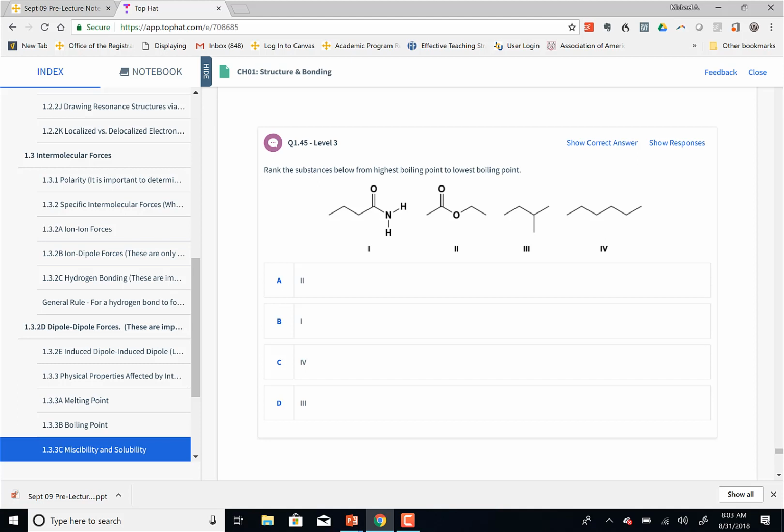Any others that have only dispersion forces? Number 3. So are we all agreed that 3 and 4 just have dispersion forces? So where are they going to occur in terms of boiling point, at the top or the bottom? At the bottom, they're going to have the lowest boiling point.